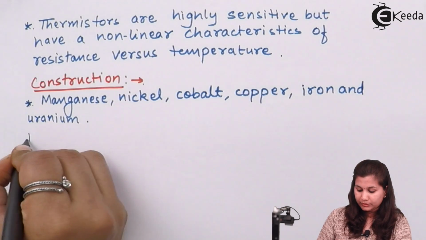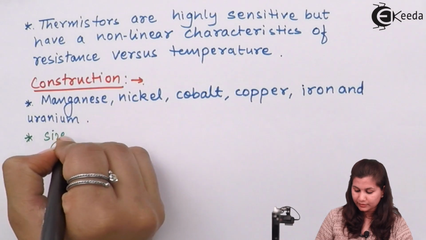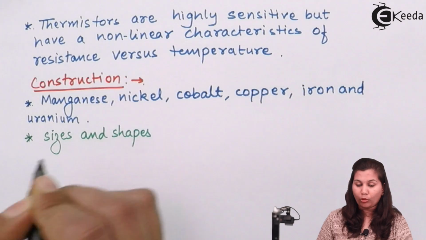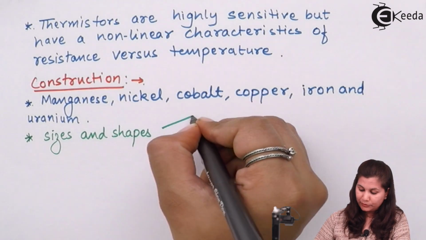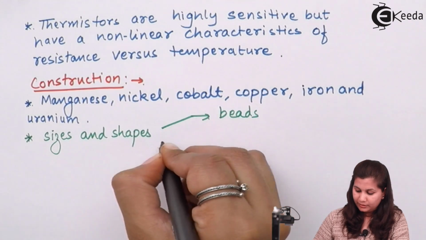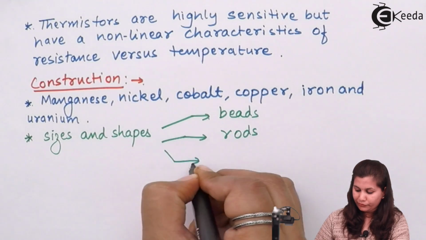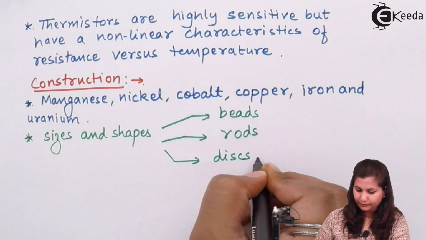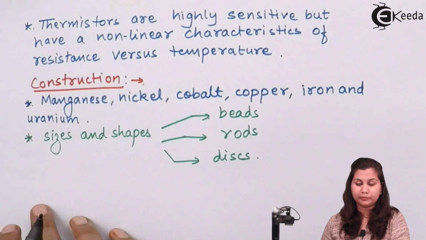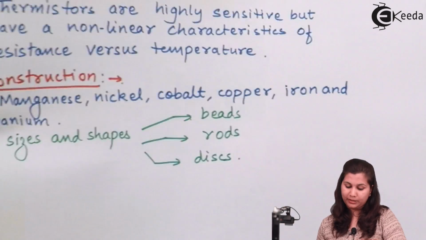Now the thermistors are available in various sizes and shapes. And according to their shape, there are various types of thermistors. They may be in the form of beads, rods, or discs. So there are different shapes in which the thermistors are available. Let us see the diagram of the thermistors in these various shapes.